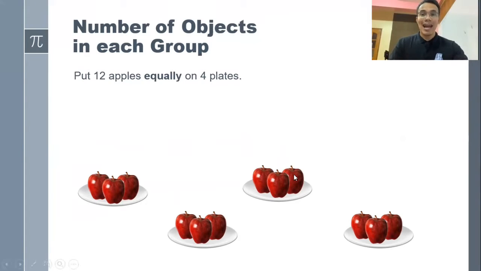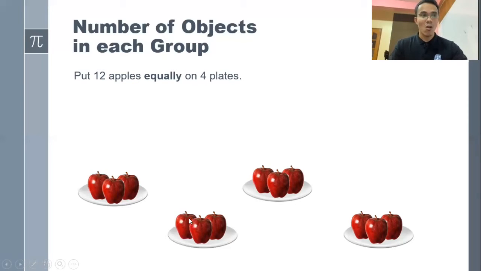Okay? Have we put the 12 apples equally on 4 plates? To check, you have to count the number of apples on each plate and see if the numbers are all the same. Let's start with the first plate. We have 1, 2, 3. There are 3 apples.